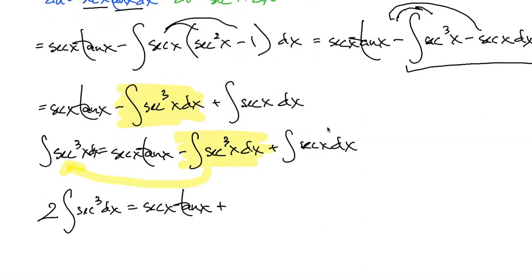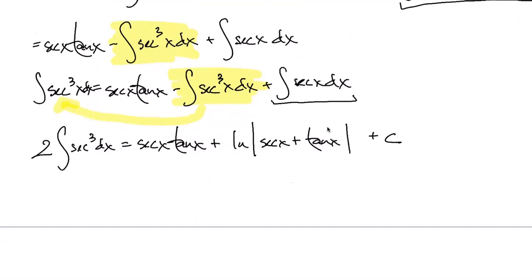Now, earlier I said the integral of tangent is a good one to know. The integral of secant is also a good one to know. So this integral right here, the integral of secant, is going to give us the natural log of secant x plus tangent x. I just got that from a table, either the back of a book or online. That would be a good one to know as well, because we'll see the integral of secant pretty frequently as we go. And then we need our plus c. Our last step is just to divide by that 2.